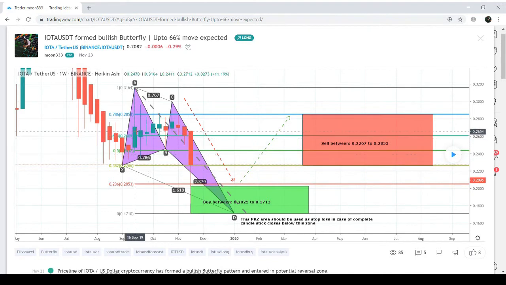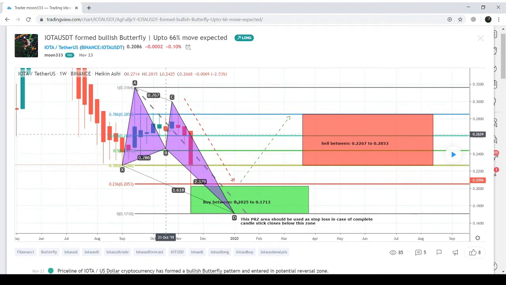Here we can see the price action has formed a bullish butterfly pattern, and this is the initial leg. After the initial leg in butterfly, we need the retracement up to 0.786 Fibonacci. And here we can see the price action is retraced up to 0.786 Fibonacci.